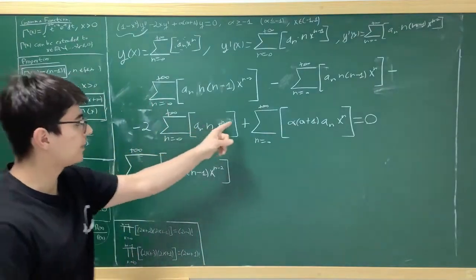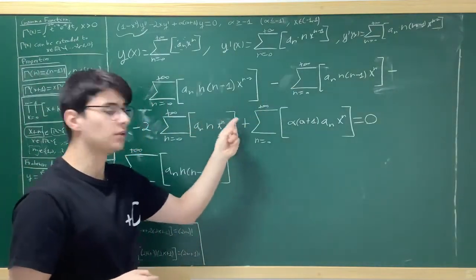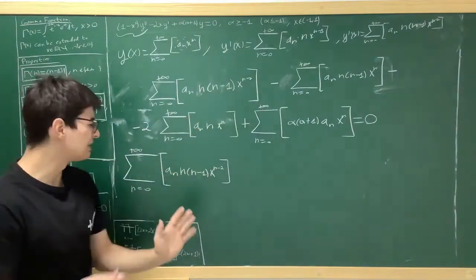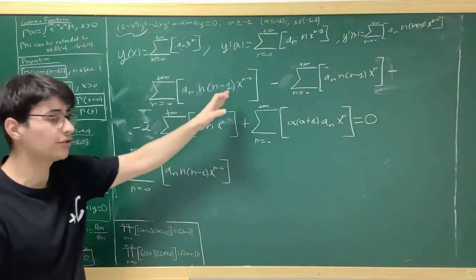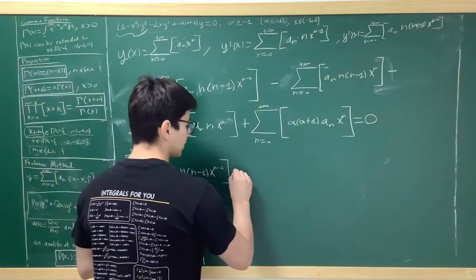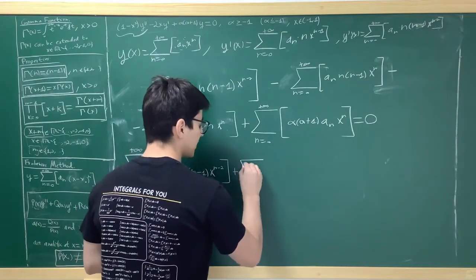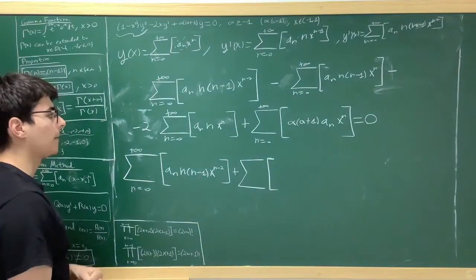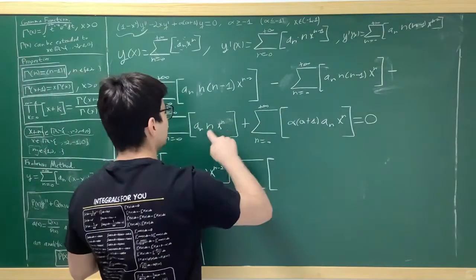Just notice that all of them have a_n and x to the n, but this one is a bit odd because it has x to the n minus 2. So maybe we can do something here that will help us, and we'll see afterwards what it is. And now this other sum, which is just the sum of all of the terms inside. So this plus this plus this.